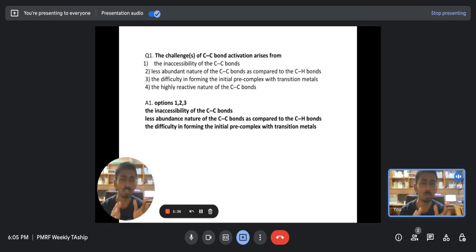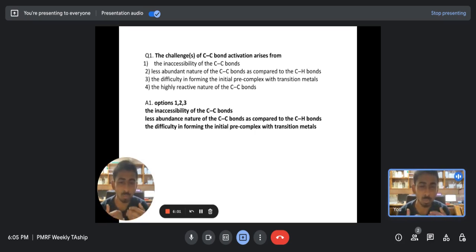Not only CC bonds, any homonuclear bond you can consider, like CC bonds or the HH bond. These bonds are very stable in nature because the two nuclei attached to one another are the same. They are homonuclear, and the orbital overlap between the two atoms is much higher in the case of homonuclear CC bonds.